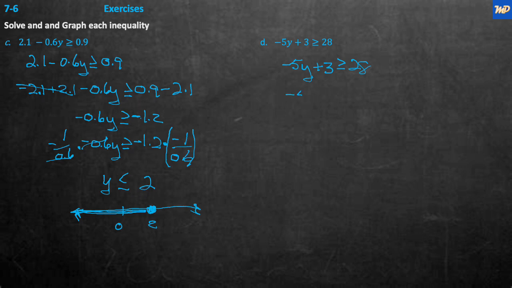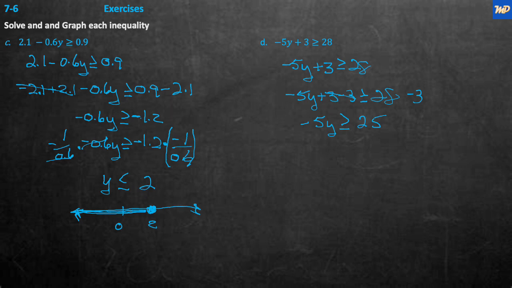So we're going to have minus 5y plus 3 minus 3 is greater than or equal to 28. We're going to simplify. These 3's will cancel. We'll get minus 5y is greater than or equal to, oh, I didn't add the minus 3 over here. Minus 3 is greater than or equal to 28 minus 3, which is 25.